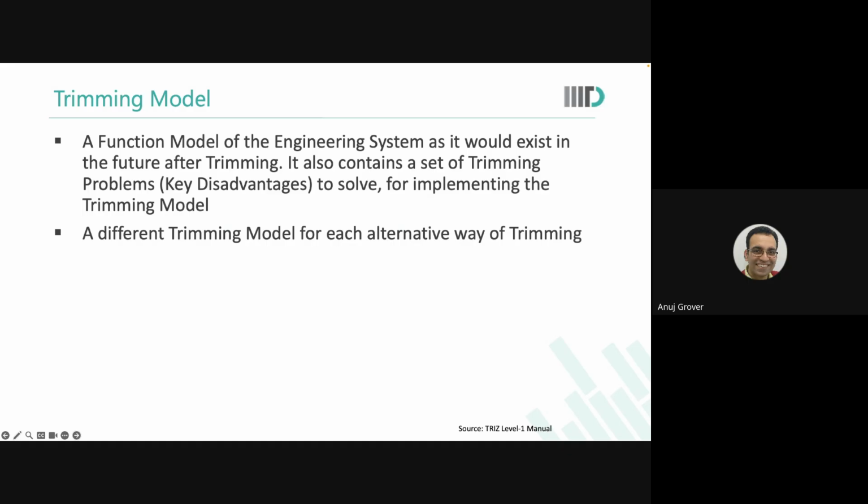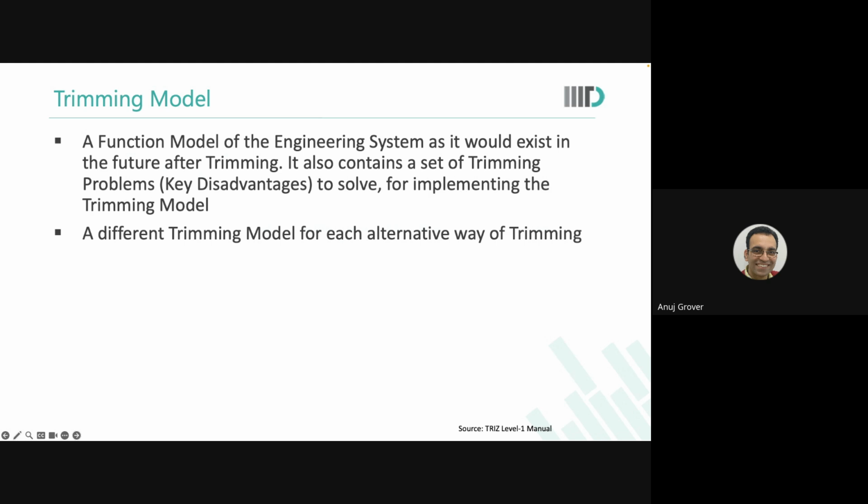So now, what we achieve is called a trimming model. What is a trimming model? It is a function model of the engineering system as it would exist in the future after trimming. Now it is your job to convert that into reality.